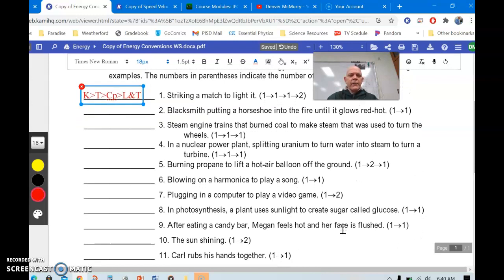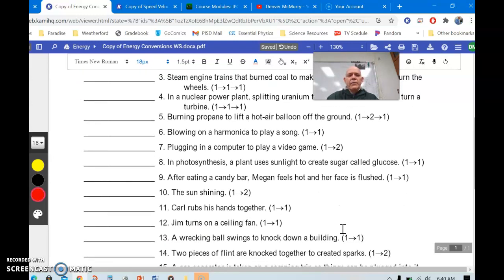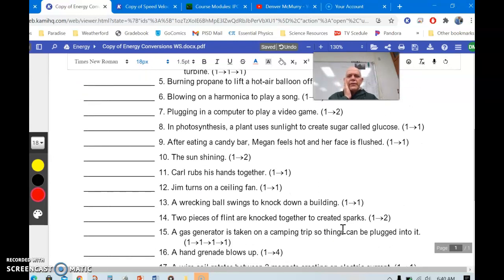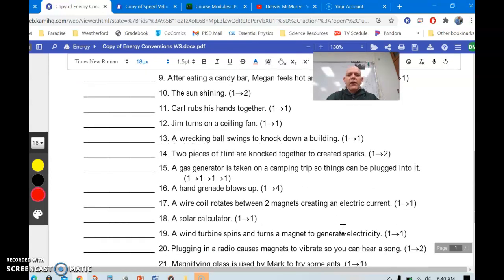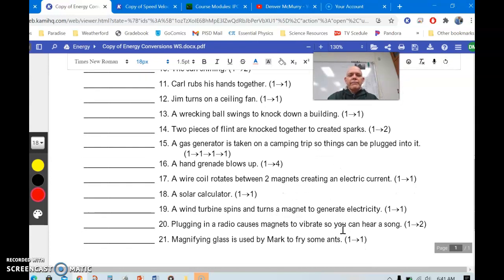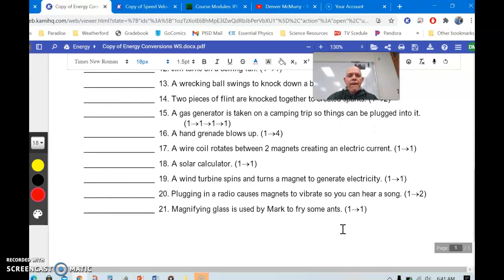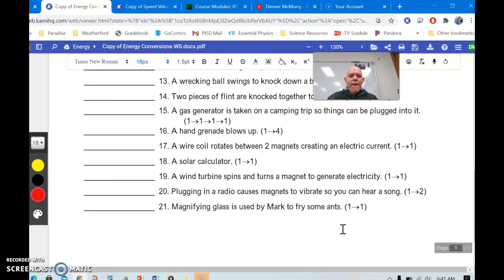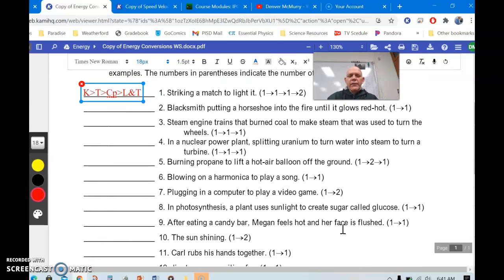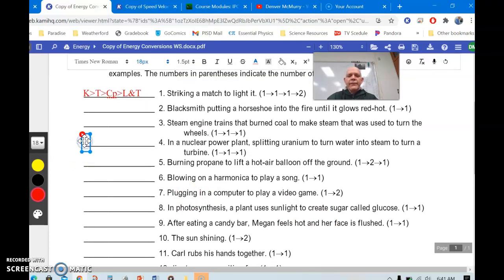I don't remember if there's one in particular that is hard. Let's just try one of these. Let's do number 4. It seems like we usually do that one. Number 4, in a nuclear power plant, splitting uranium to turn water into steam to turn a turbine.